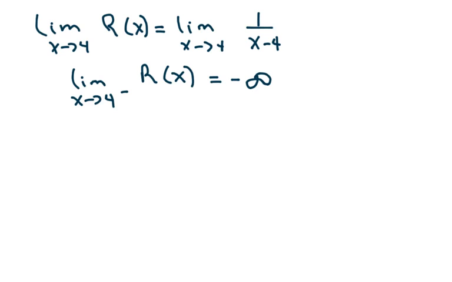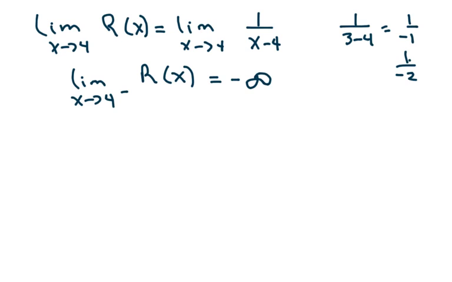For example, if I plug in 3, that's going to be 1 over negative 1. If I plug in 2, it's going to be 1 over negative 2. If I plug in 1, it's going to get smaller and smaller, and it's going to go to negative infinity.